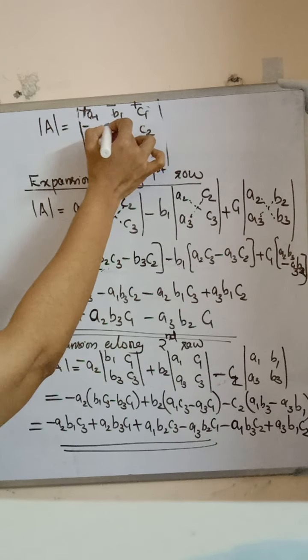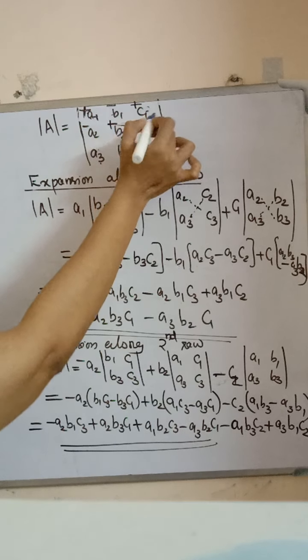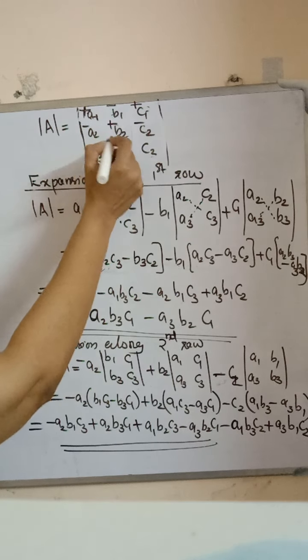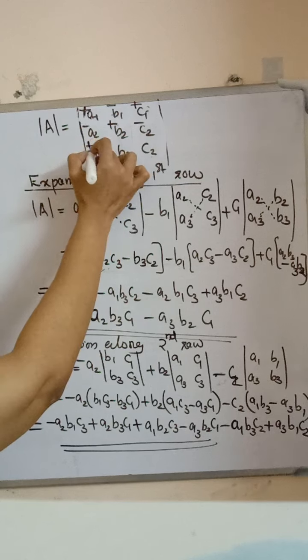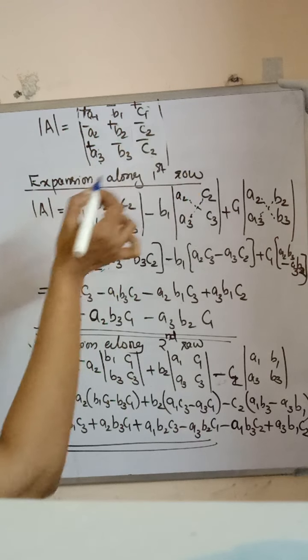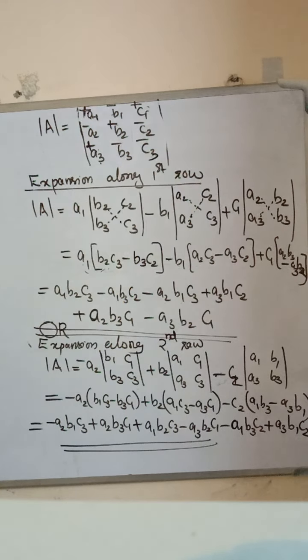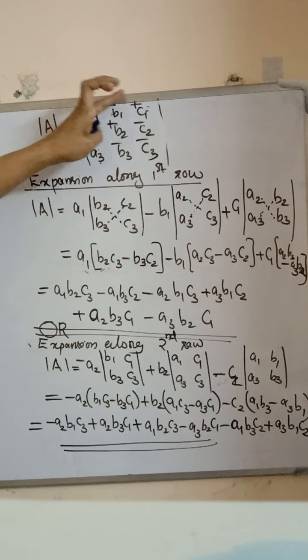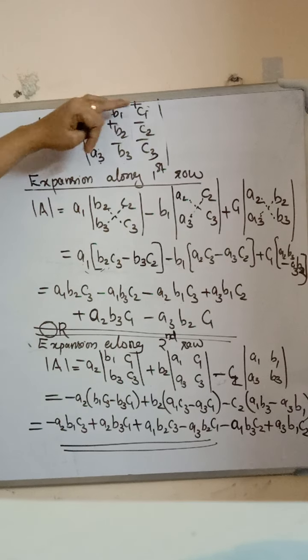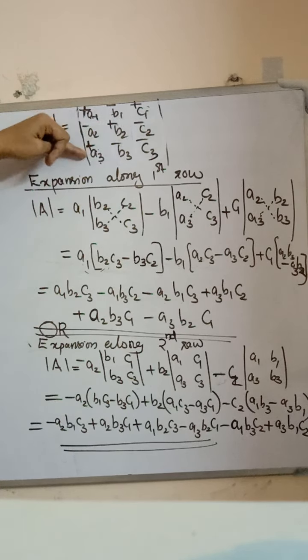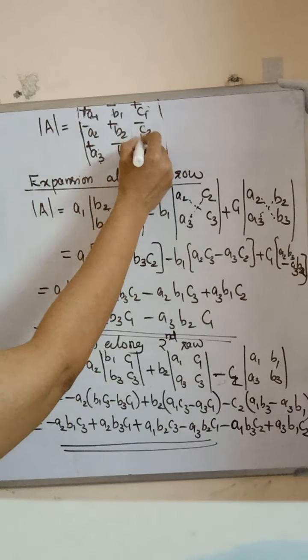Then a2 is negative, b2 is positive, c2 is negative. a3 is positive, b3 negative and c3 positive. Because for the first row, first element, minus 1 raised to 1 plus 1 is positive. So the first row, first element is positive and we take the alternate sign change: plus, minus, plus, minus, plus, minus, plus, minus, again plus.